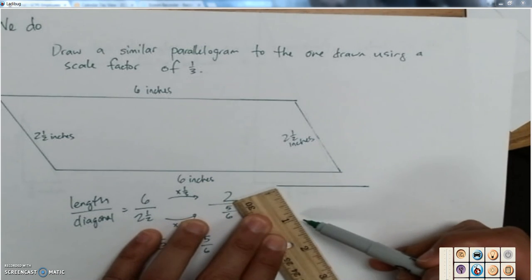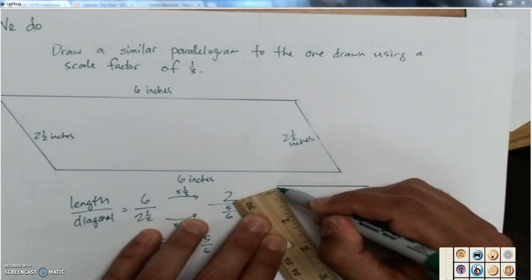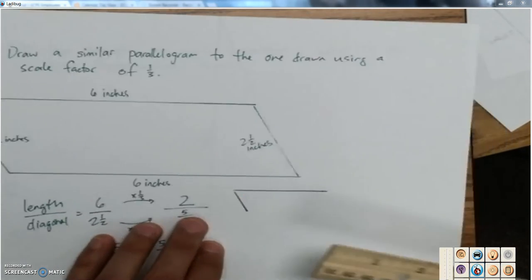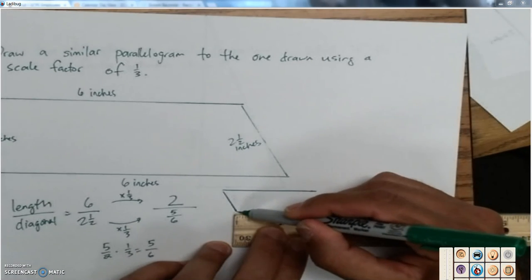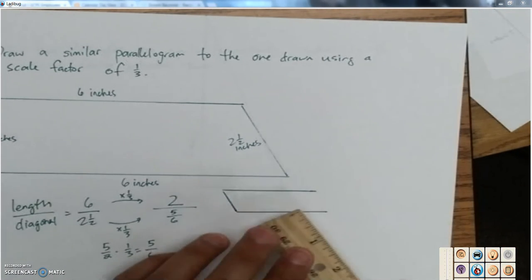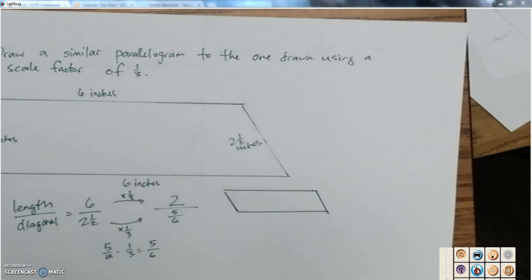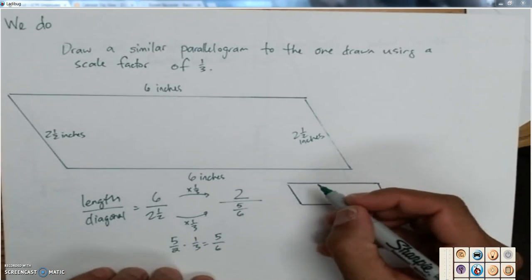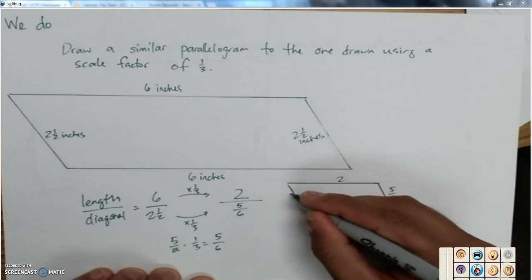Let's see, this is divided into 16ths, that's 3/4, so 2/3 is right there, I believe. And then another 2 from here. Similar parallelogram. This one is 2 and 5/6.